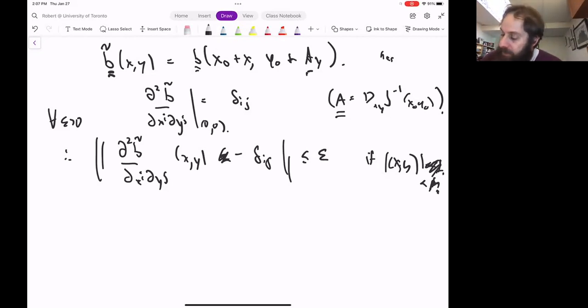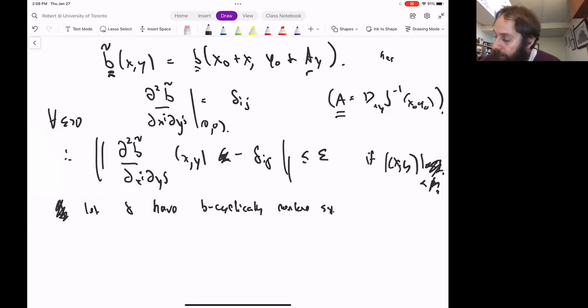So how do you say it? Okay, so now let gamma have cyclically monotone support. Actually, I really only cared about it being B monotone.